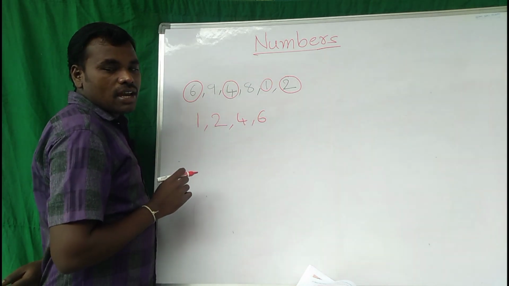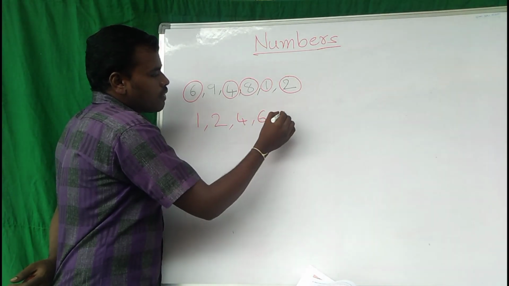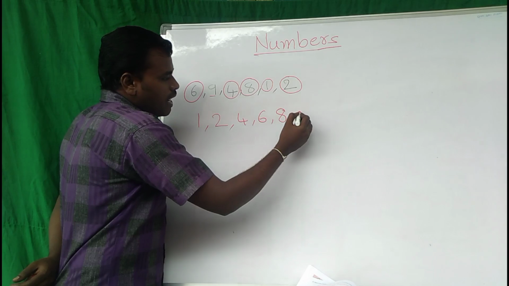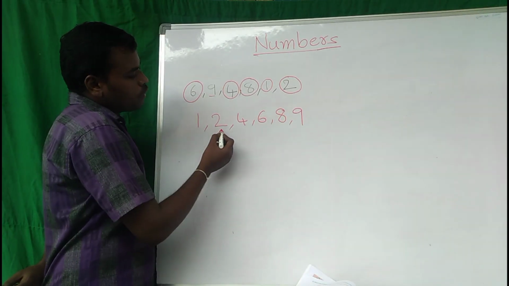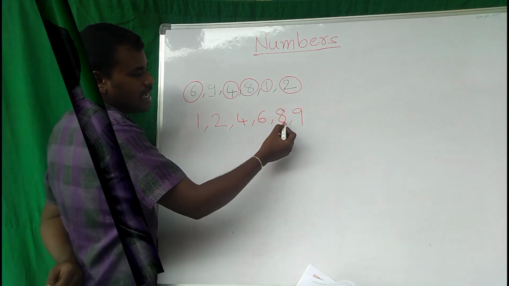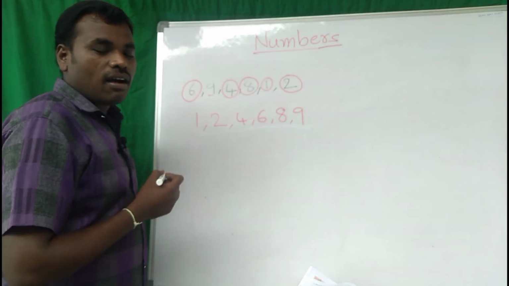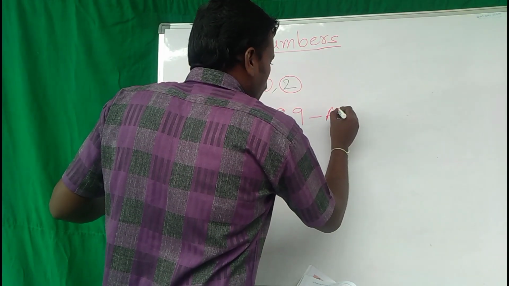Of these two, 8 is the smallest, so write 8, and the remaining number is 9. See here: 1, 2, 4, 6, 8, 9. From smallest to biggest, this order is called ascending order.